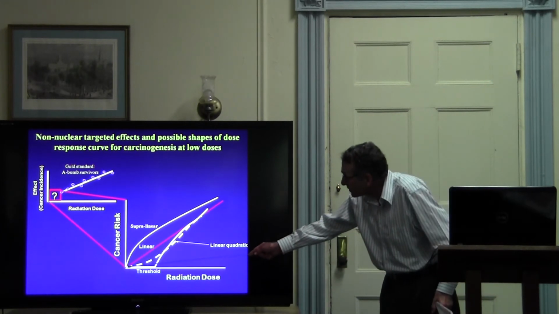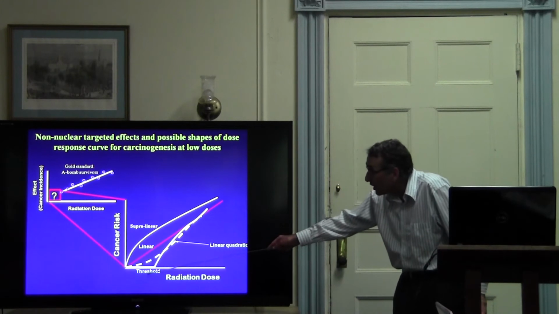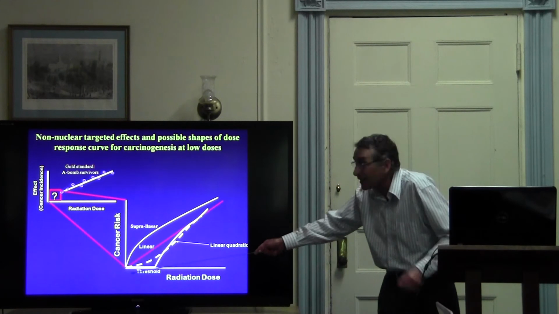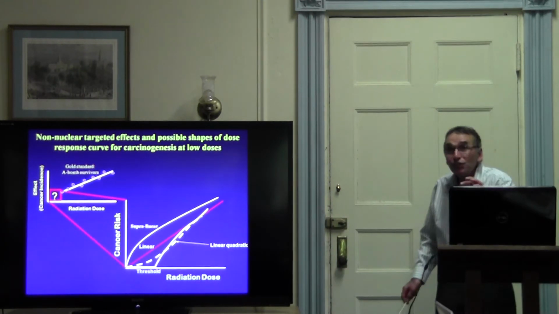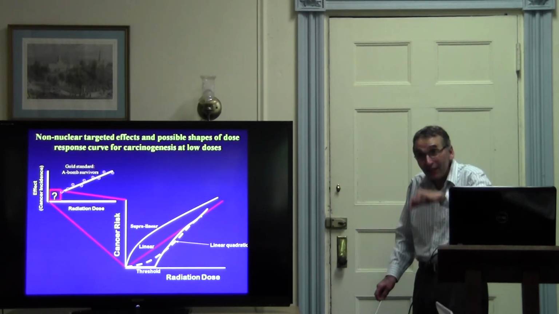So, of course, I didn't have the curve here. What is the real shape of the response? Some of us may believe that a small dose of low LET radiation may actually upregulate a protective mechanism that will protect the hit cell.